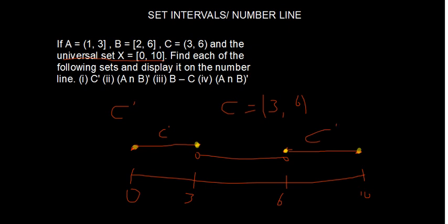So this is going to help us come up with C complement. Therefore, C complement is equivalent to, from 0 to 3, they are all part of C complement because they are not part of C. So we show it with rectangular brackets, [0, 3], and we are going to union it with this other part of the C complement, which moves from 6 up to 10.